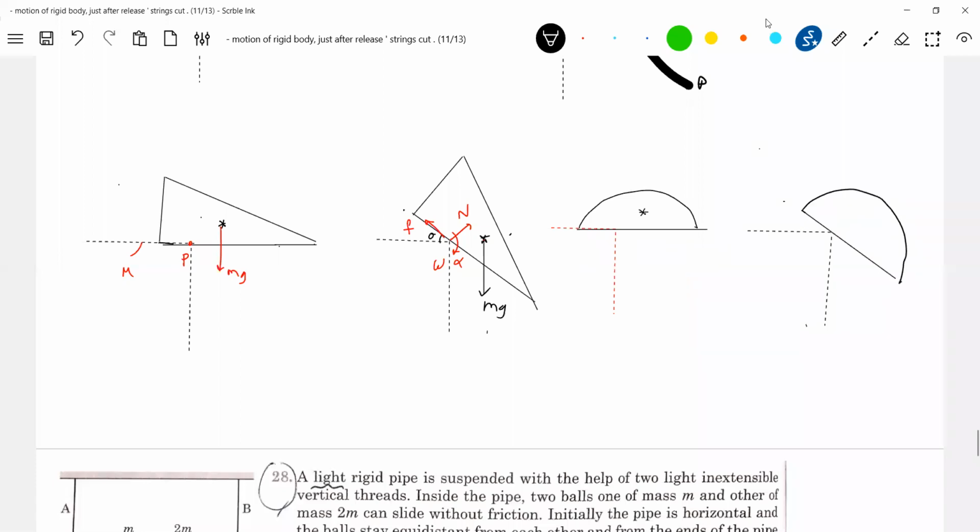At least you must have a basic idea of what will happen there. This is what happens. First it will rotate. So theta. The center of mass will be somewhere here. How will the friction act here? So now please at least draw a diagram. You'll be in a very comfortable position. Different shaped objects kept at a corner will tilt. So first it should tilt, then it will slip.